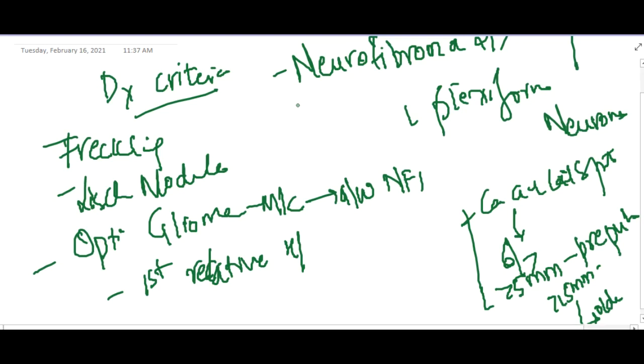There can be café-au-lait spots which are 6 or more, more than 5 millimeters in size in the pre-pubertal age group, or more than 15 millimeters in size in the older age group.